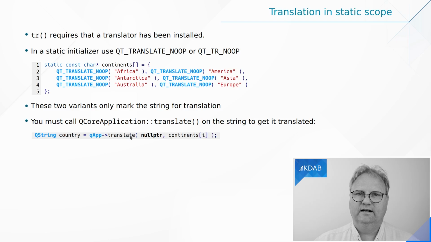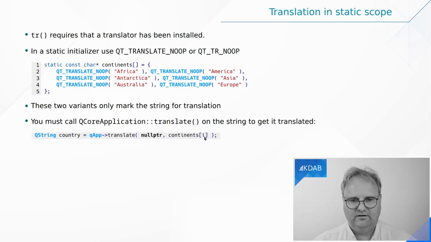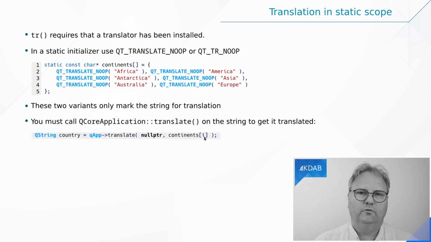I do that later on, and then when I want to show it, I need to actually look up in my translator. I do that simply by going to my translator, or more specifically here to QApplication, saying QApplication::translate. That one will just call on the translators to translate the string. Null pointer, that is the context, and continents, that is the string I'm saying here, that's a continent to be translated.